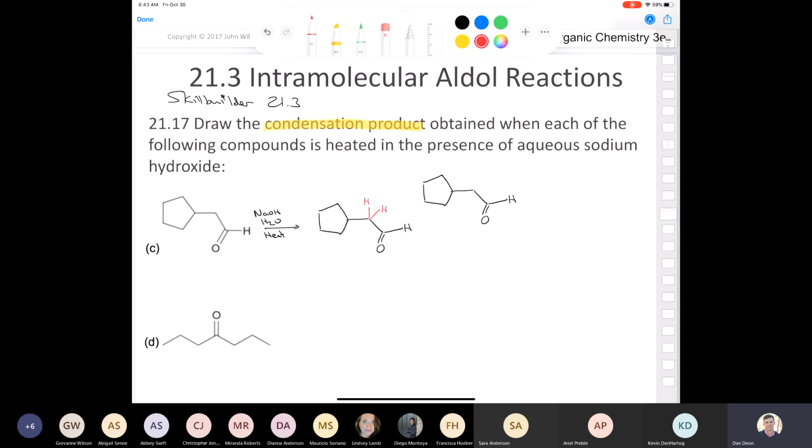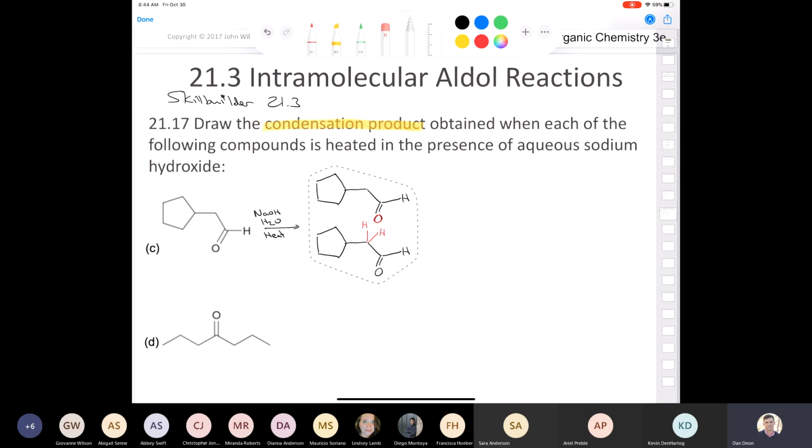If you want to, on the oxygen of the other aldehyde, you can color it in red if color coding helps you. Then you orient these so that the 2 acidic protons are right next to the oxygen of the carbonyl. Those 2 are right next to each other like that, and that is where you get the H2O from. It comes from here, H2O.